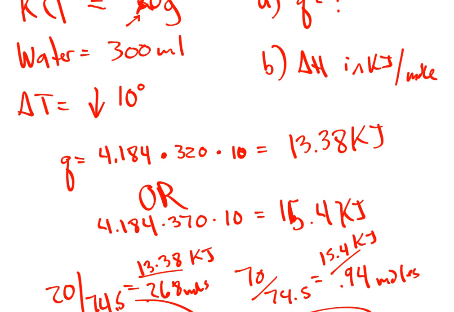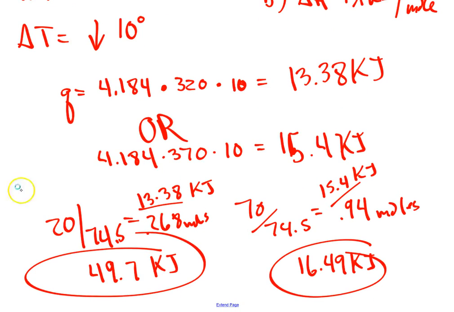Tom Davidson is lazy, but Tom Davidson's somewhat smart and has done this a long time. So he knows, hey, if the temperature goes down, what sign is my answer going to have? It's going to have a positive. So I do the signs at the end, and it's mostly because of when it is endothermic. This number here was technically a negative 10, right? But if I put a negative 10 in, I get a negative answer.